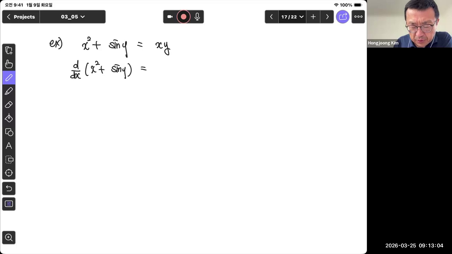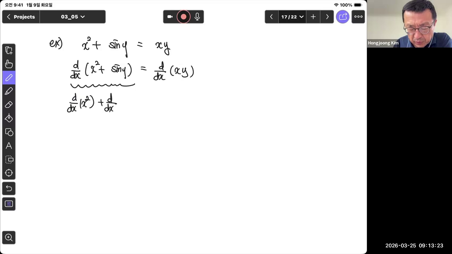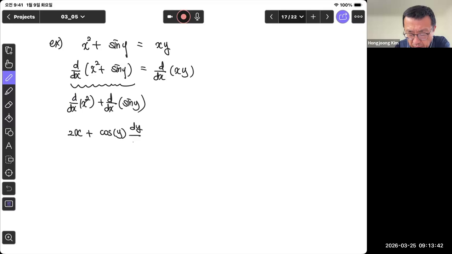The differentiation of the left hand side equals the derivative of x squared plus the derivative of sine y. When I differentiate x squared, you get 2x. And when I differentiate sine y with respect to x, you get cosine y times dy dx.